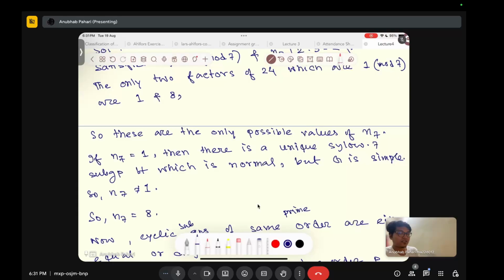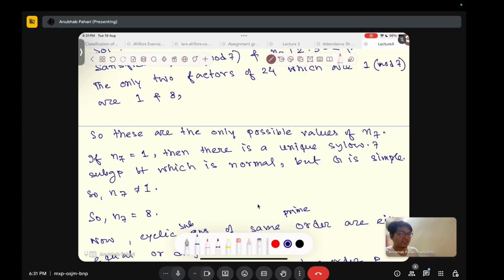So if they can share elements, then there is no point of counting it. Because if you are counting the same subgroup two times, you could count it infinitely many times, right?